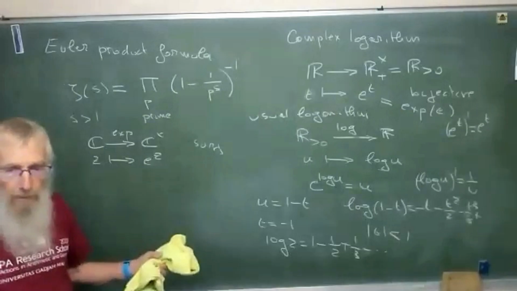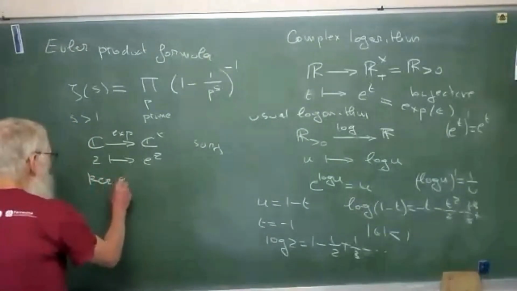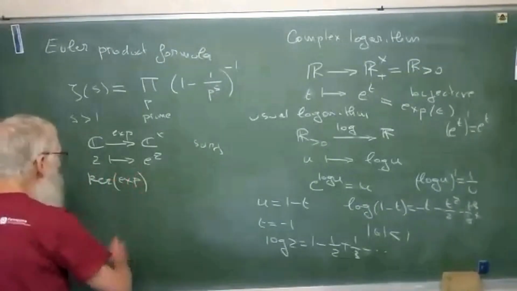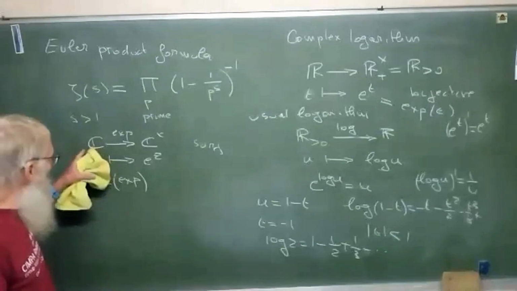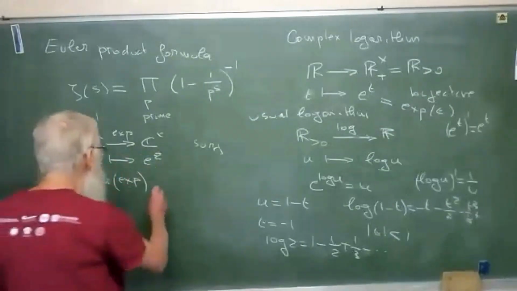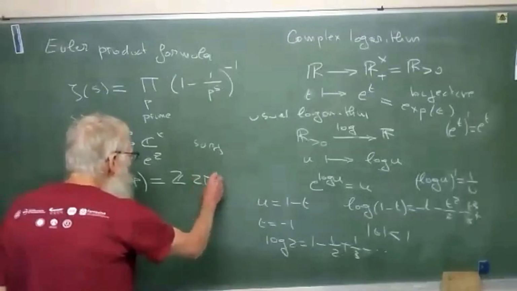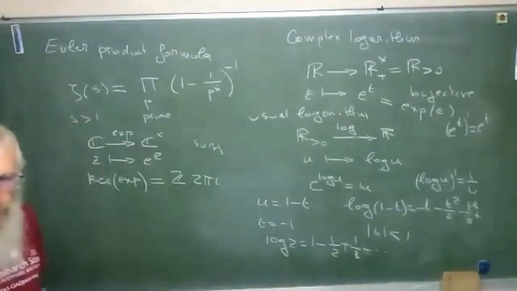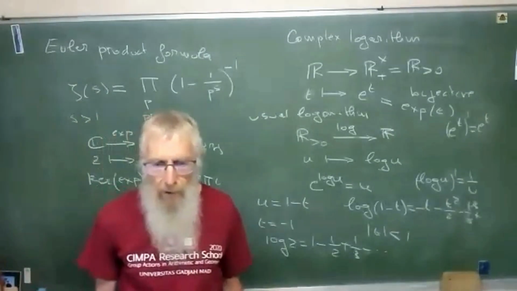But there is a kernel, and the kernel of exp is the set of z so that exponential of z is 1. And as you know, this is 2 pi i Z, the set of multiples of the number 2 pi i. This may be taken as a definition of pi.